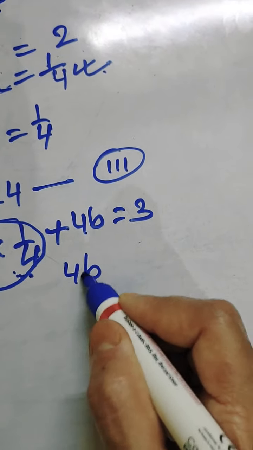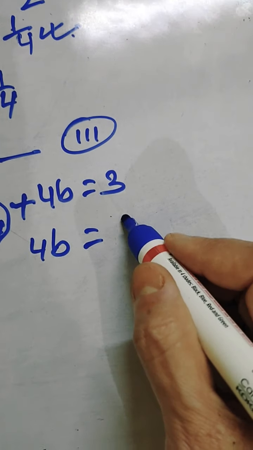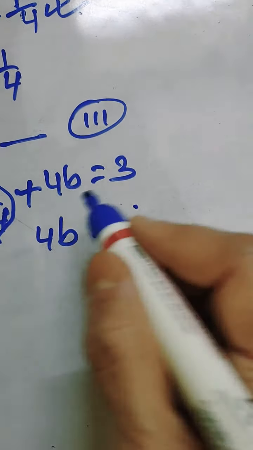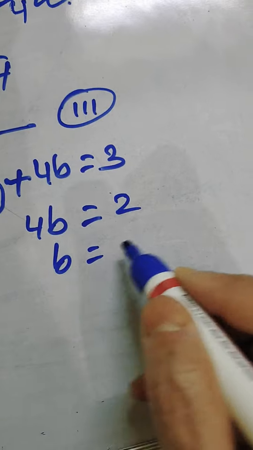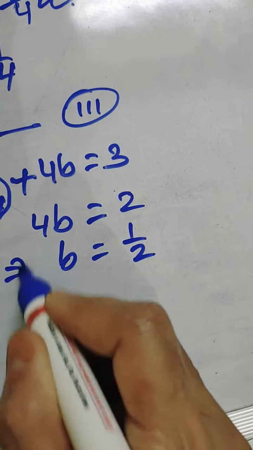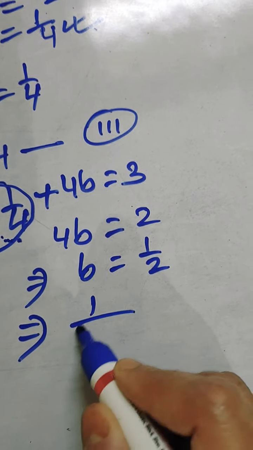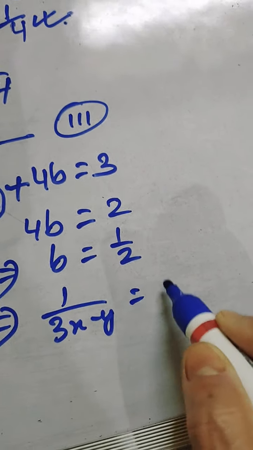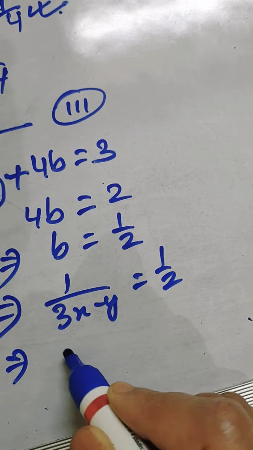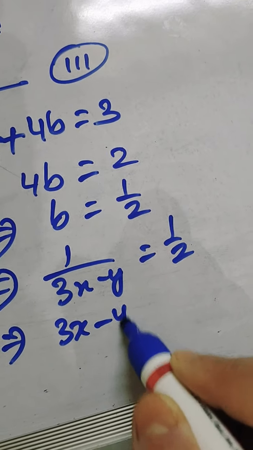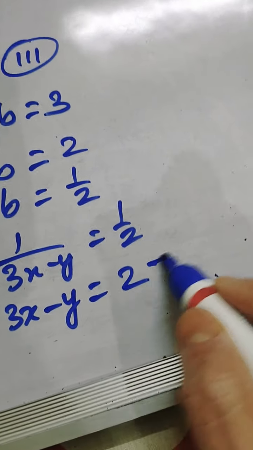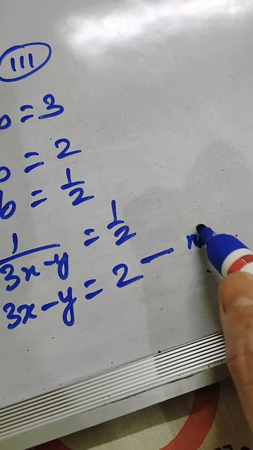So 4b equal to 3 minus 1, 2, b equal to 1 by 2. Clear? Now what is your b? 1 by 3x minus y equal to 1 by 2. Take the reciprocal, 3x minus y equal to 2. So this is your equation 4.